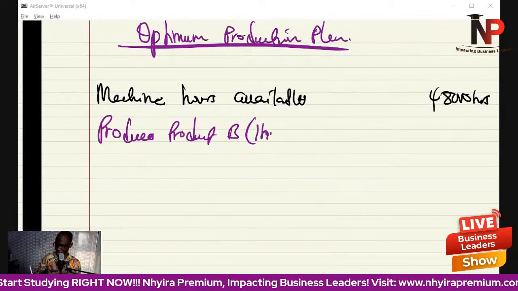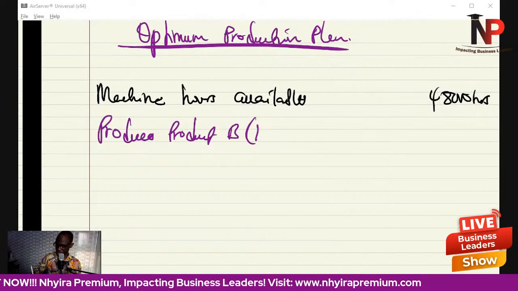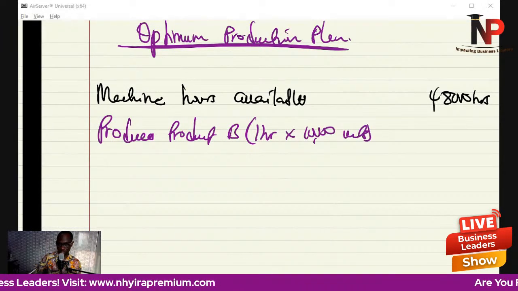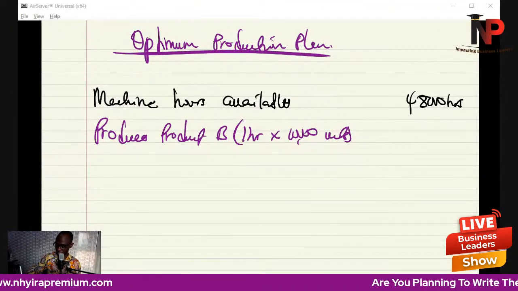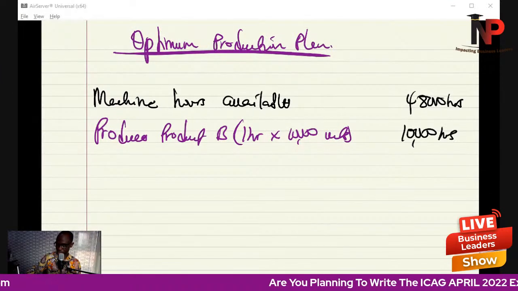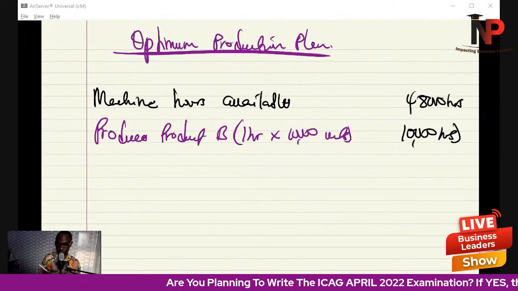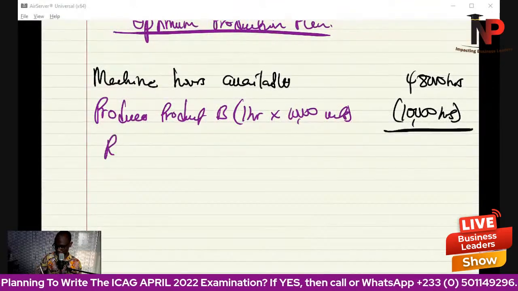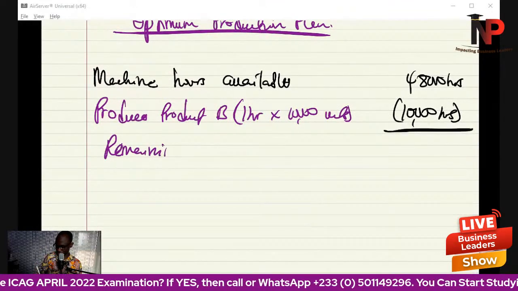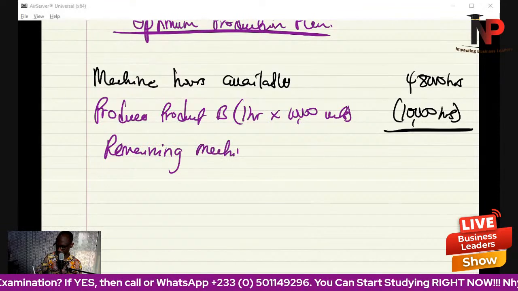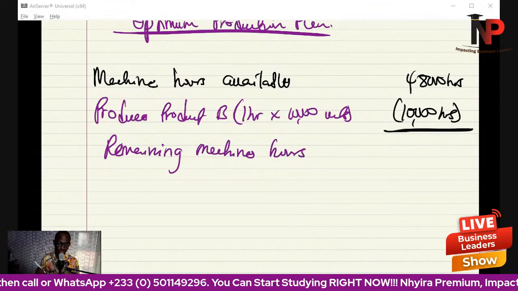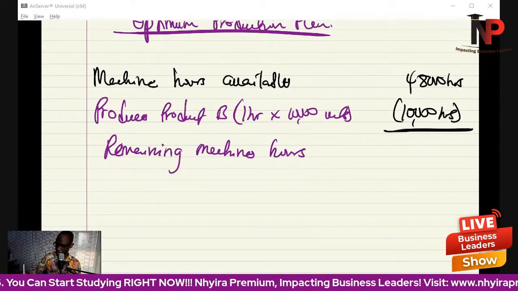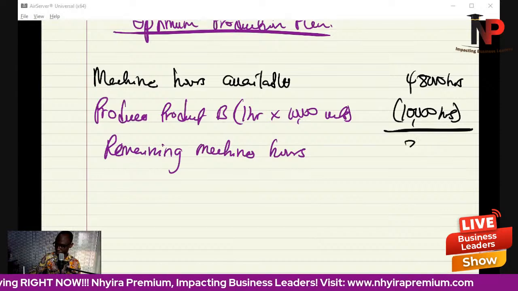So 1 hour times 10,000 units. And that's going to be an amount of 10,000 hours. Then you less it to get the remaining machine hours. So the remaining machine hours, we're going to be having 38,000 hours.